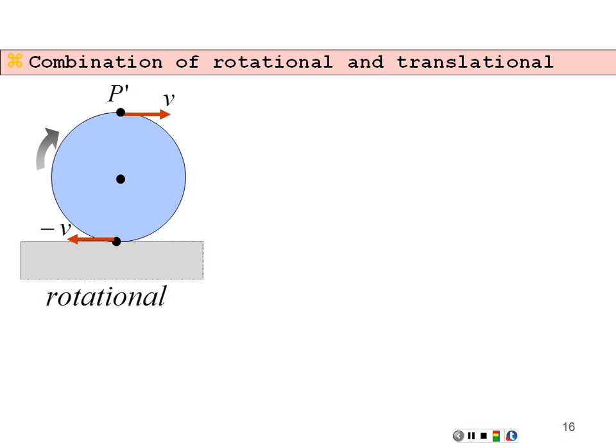And it's equal to some velocity moving in this direction, which would actually be the velocity of the center of mass. Now, a point on the bottom, as this is rotating, is going at the same velocity but in the opposite direction. So the top point has a velocity this way. The bottom point has the same magnitude velocity going in the opposite direction. That's for rotational motion.